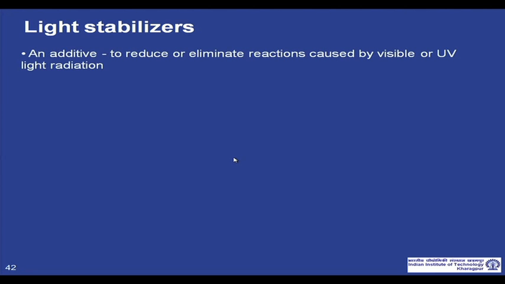Let us talk about the next additive, light stabilizers. Light stabilizers are added as additives to eliminate or reduce the reactions in the polymers caused by visible or UV light radiation.